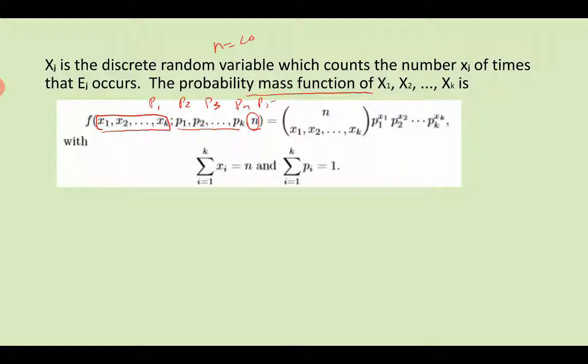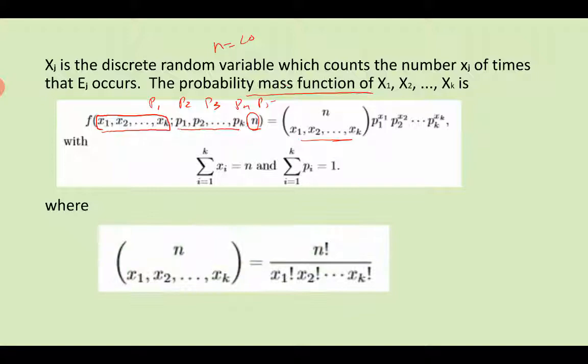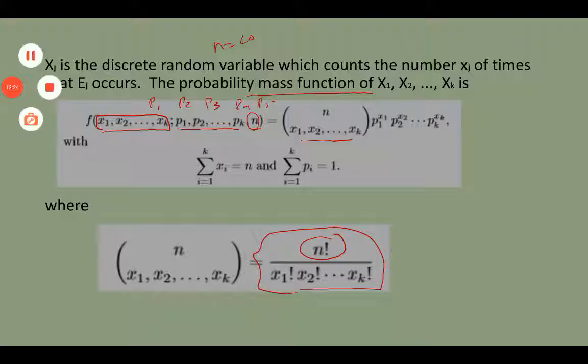N is 10, and this term stands for n factorial over this form. We have seen such a term before in the counting principle, combination and permutation, you might have seen this one.